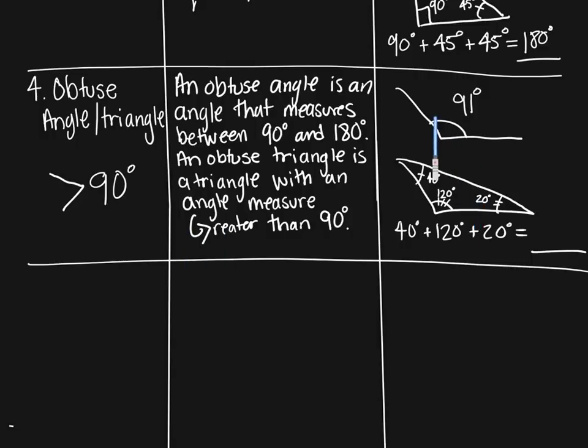Here's an example. This is a 91 degree angle, so it would be considered an obtuse angle. Now, if it was in a triangle, it would be considered an obtuse triangle. Here's an example of an obtuse triangle. We have 120 degrees, 20 degrees, and 40 degrees. Do you see these little dashes right here? This has one dash because there's not another one that has 40 degrees.